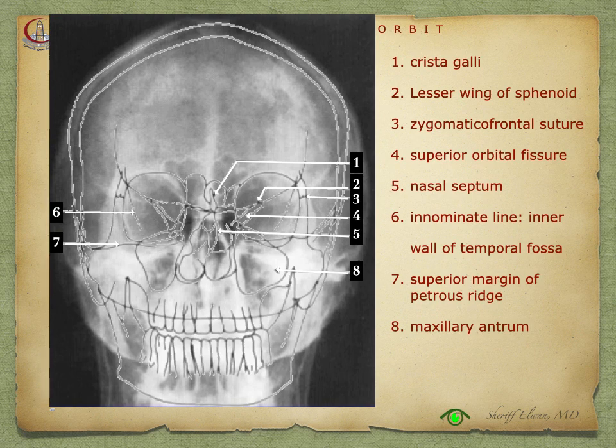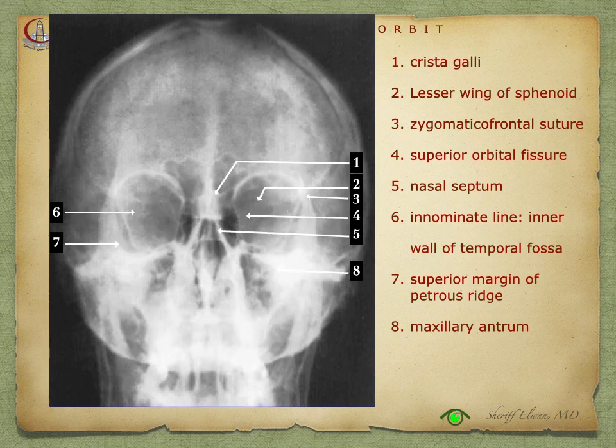Number 4 is the superior orbital fissure. Number 5 is the nasal septum. Number 6 is a line, not an actual anatomy, but it shows on this view as the inner wall of the temporal fossa. Number 7 is the superior margin of the petrous ridge, and number 8 is the maxillary antrum.